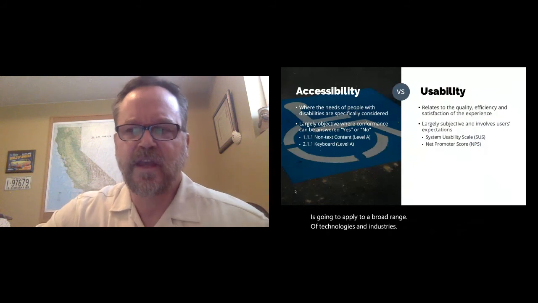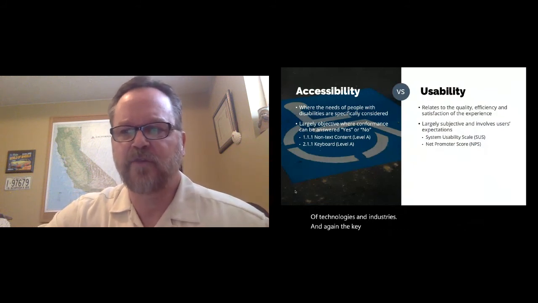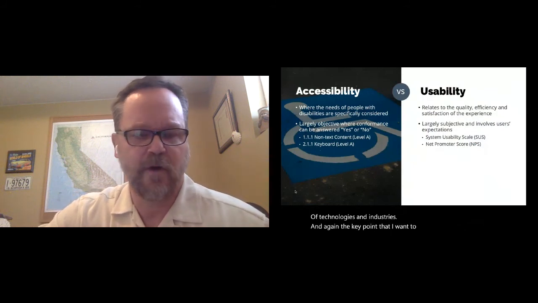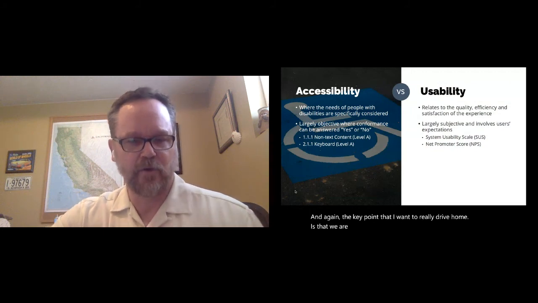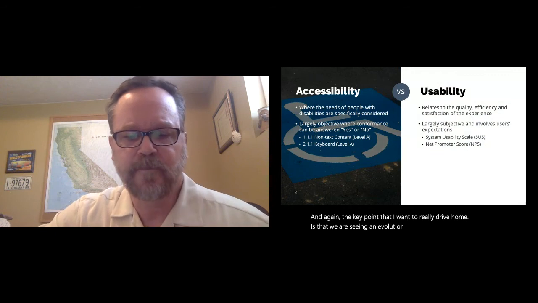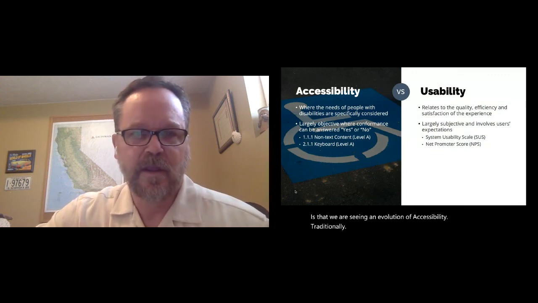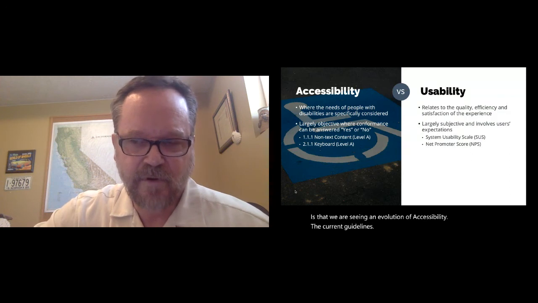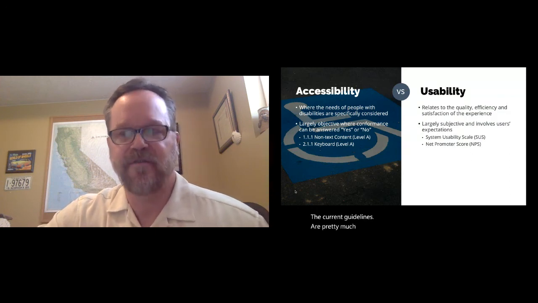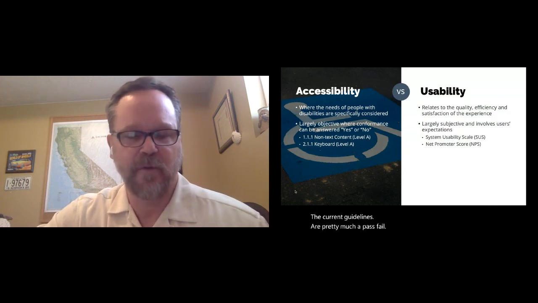And again, the key point that I want to really drive home is that we are seeing an evolution of accessibility. Traditionally, the current guidelines are pretty much a pass-fail conformance measurement.